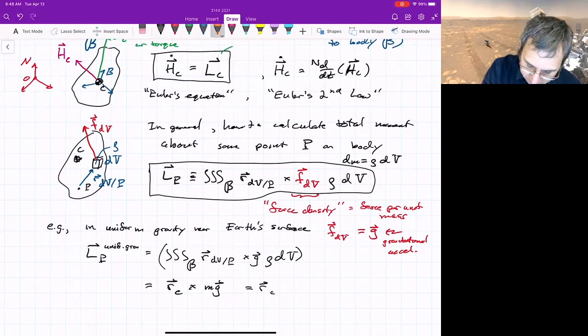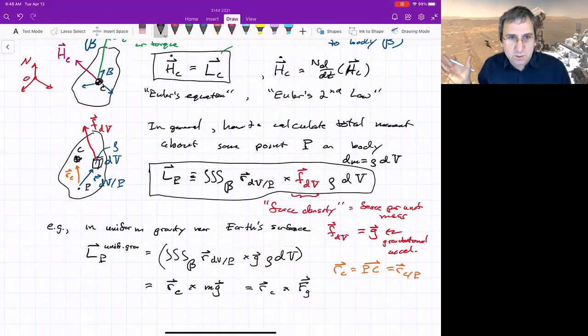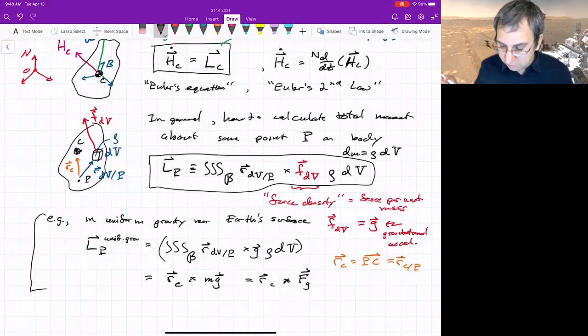If I were to sketch it up here, this is the location of the center of mass with respect to our point P. So r_C is the same as the vector from P to C. It's the location of C with respect to P, cross the usual force due to gravity, mass times acceleration. So that's just an example. It might be different in different contexts.